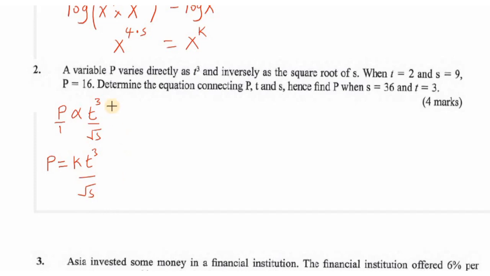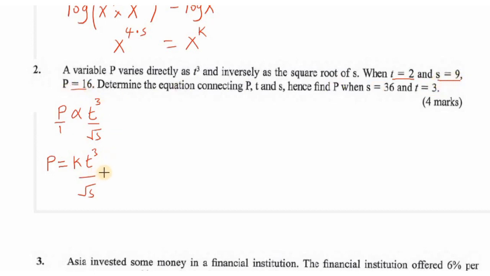So at this particular point, we're almost set to getting the equation connecting p, t, and s. Now the equation connecting p, t, and s will be the equation with the actual value of k. So in order to get the actual value of k, we are going to use this second statement when t is 2 and s is 9, p is 16.